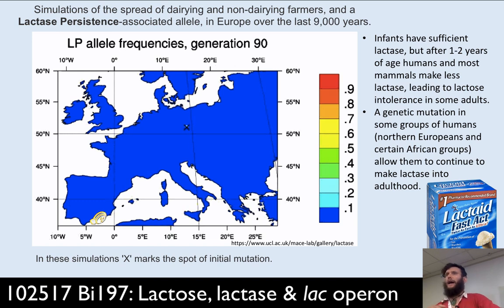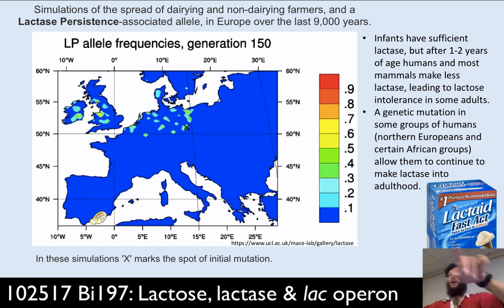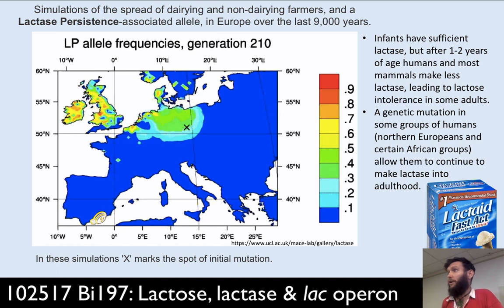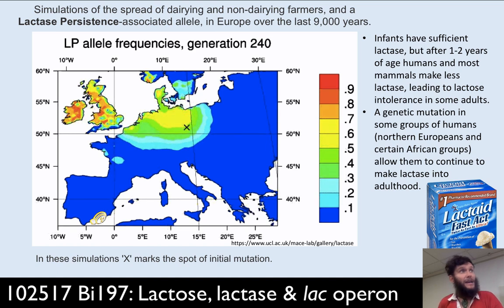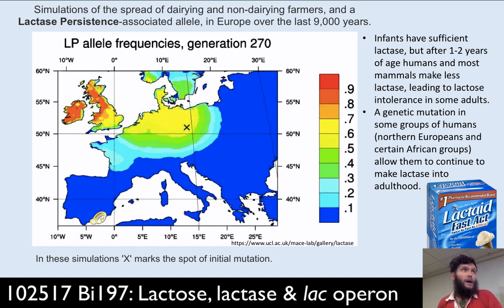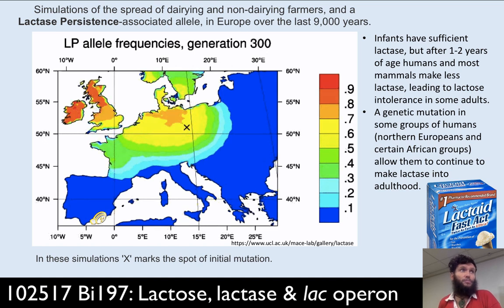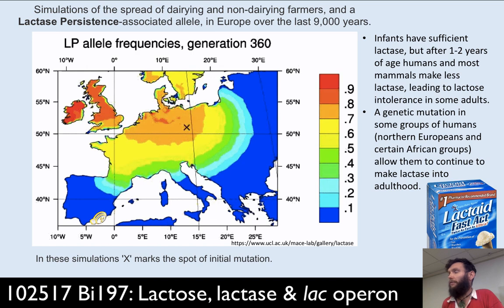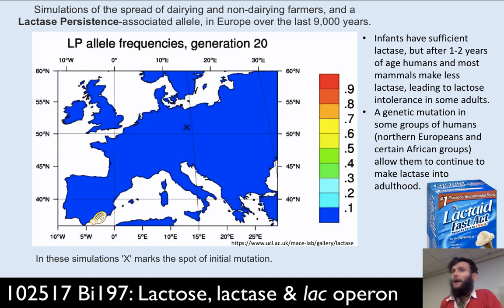They correlated that with migratory information and genetic cross-correlations that helped map migratory patterns of humans in Europe over the last 9,000 years. And this is a model simulation of the spread of the gene for the persistence of adult beta-galactosidase.